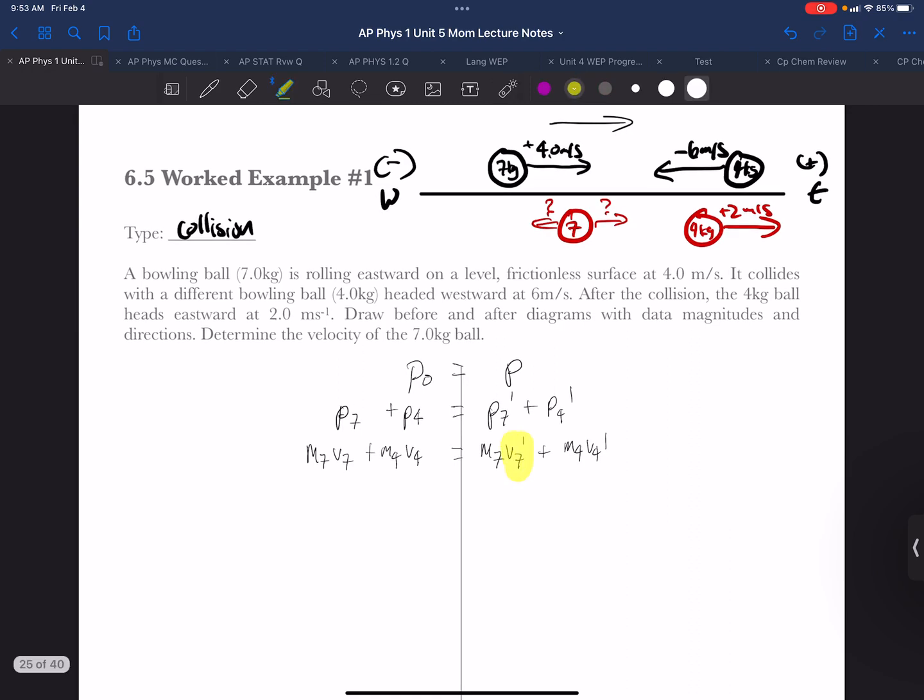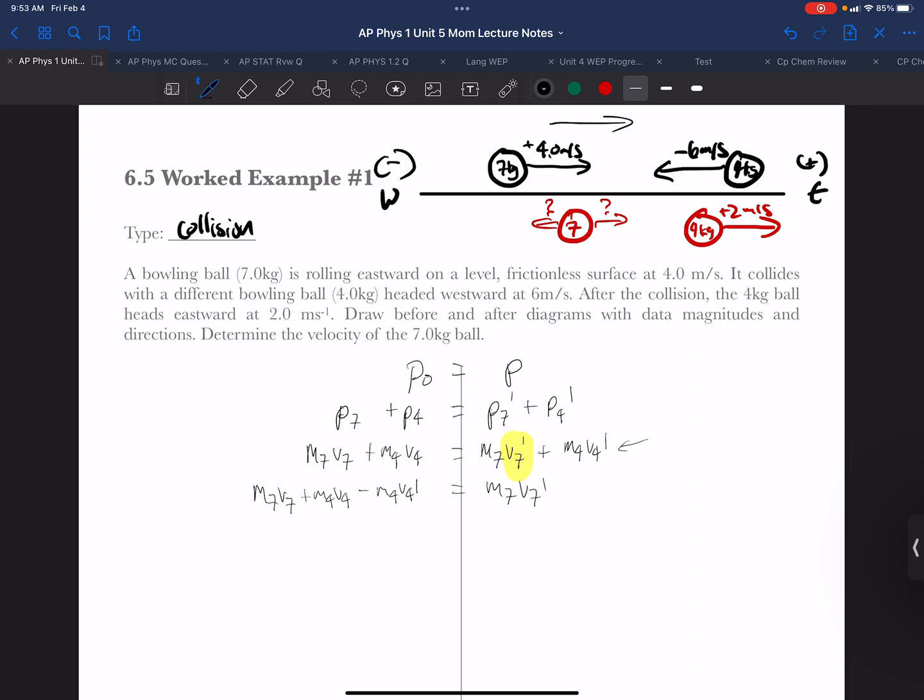The unknown that we are looking for is V7 prime. So we want to come up with an expression for V7 prime. Our first step will be to subtract this term. So that gives us M7 V7 plus M4 V4 minus M4 V4 prime, and that then will be equal to M7 V7 prime.